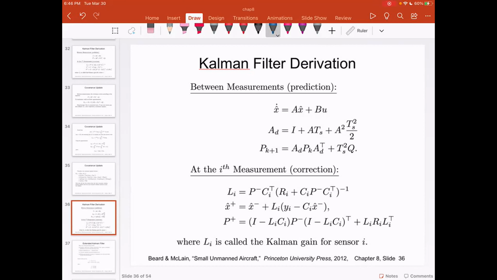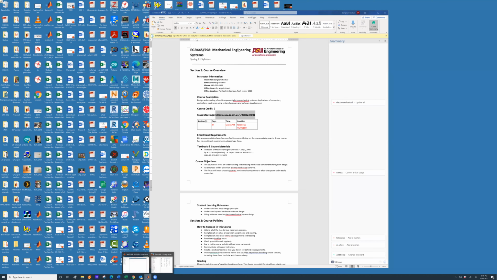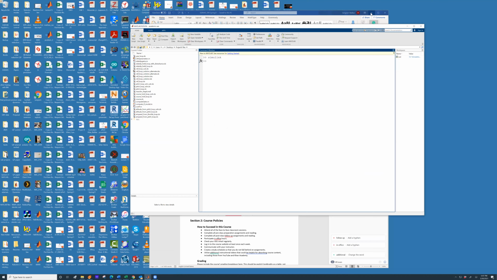And now I'm going to show you how to implement the Kalman filter using MATLAB. So I'm going to start sharing my screen and go to Simulink.